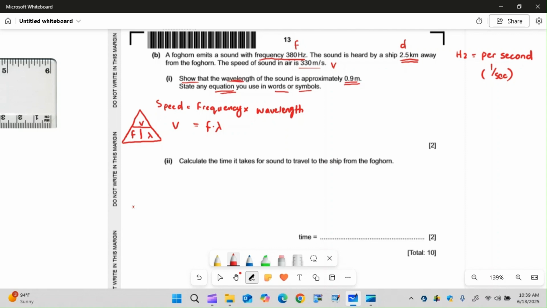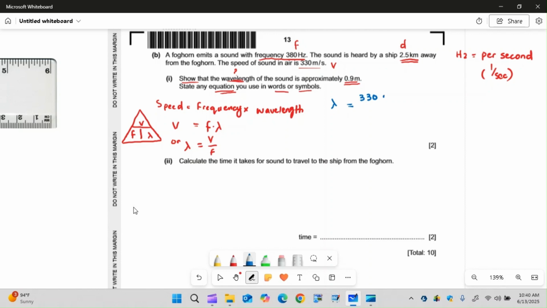So I rearrange it and I will say wavelength is equal to speed over frequency.